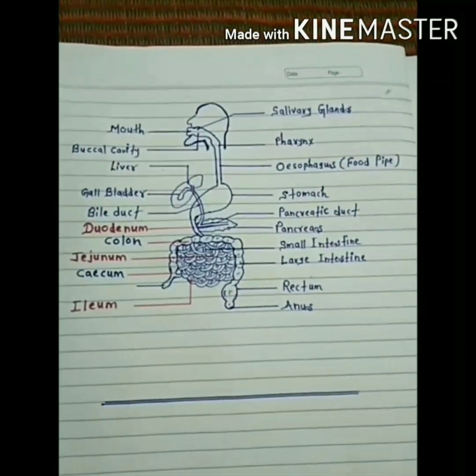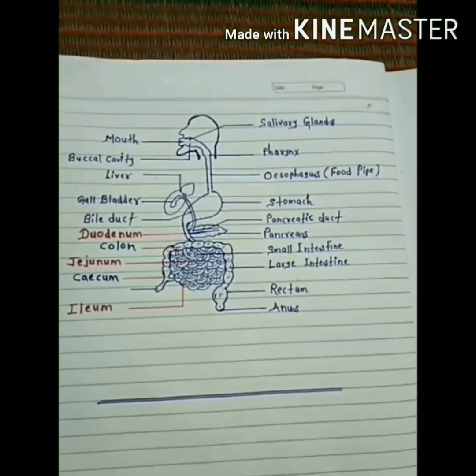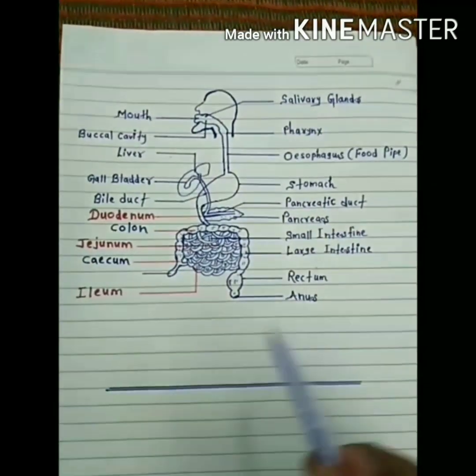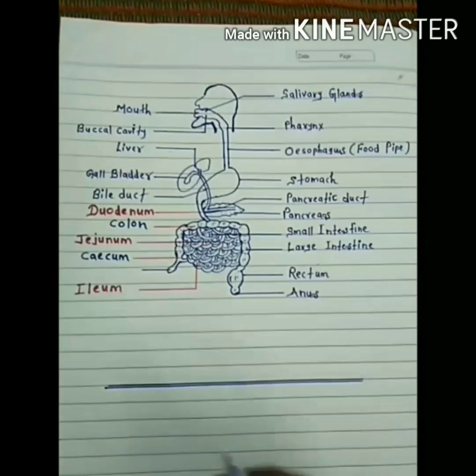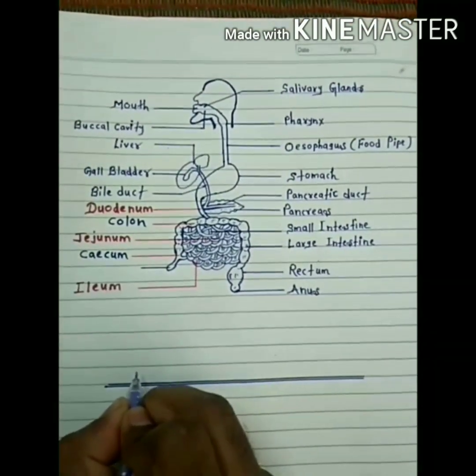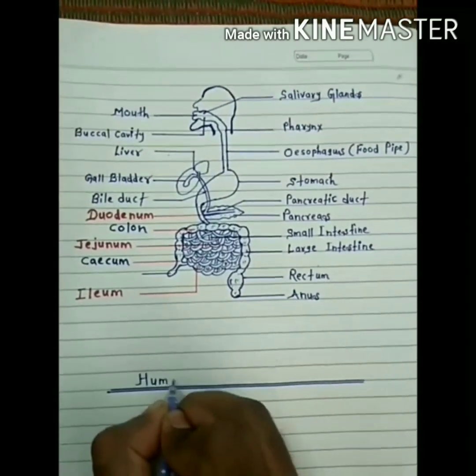These are the parts of human digestive system, or we must say, these are the various parts of alimentary canal, the single long coiled tube from the mouth up to the anus. It is a single tube, and that tube is called alimentary canal, in which the process of nutrition takes place.